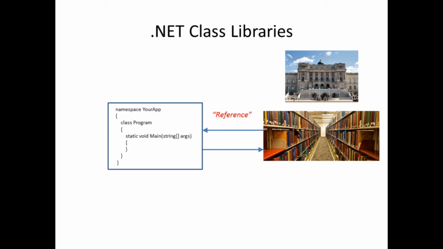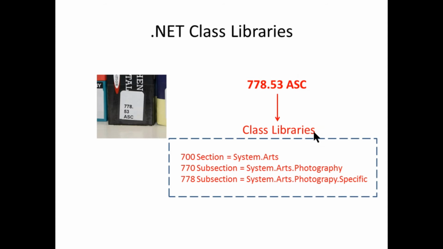And inside that, you've got the books in the stacks on the shelves that are ready and waiting for you to use. All you have to do is refer to the correct section and the correct address, and you can use those libraries in your main application whenever you need them.